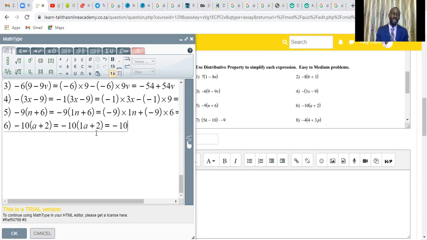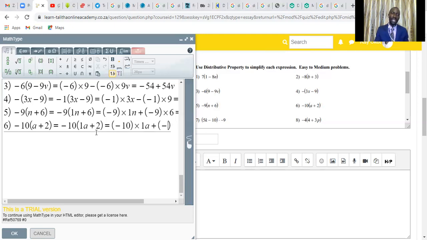When we distribute -10 onto 1a, that's what we will have. Now notice that there is a plus here. This -10 should be inside the bracket. So now we have this one here, which is a plus. Now this -10 again must be distributed inside onto what? Onto a 2.